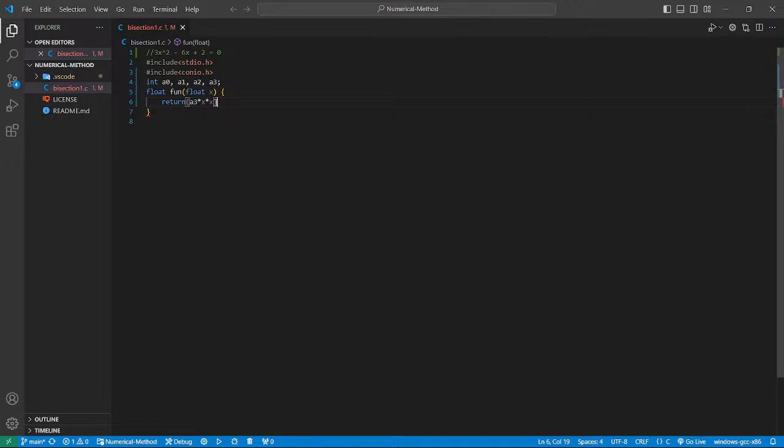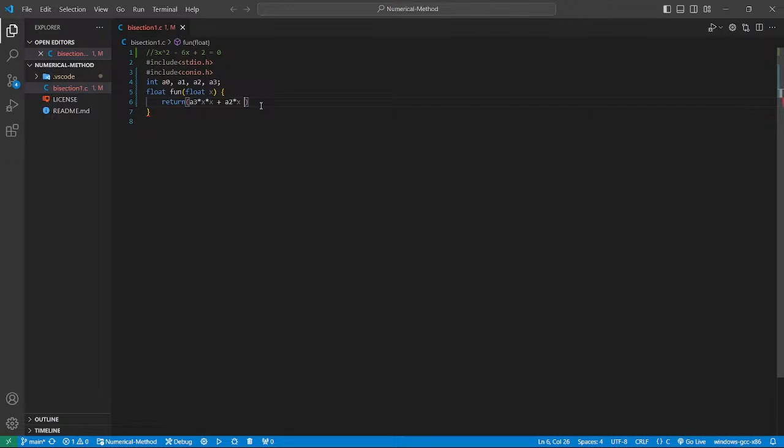So there is a3 x square plus a2 multiply x plus, so basically this is a quadratic equation, ax squared plus bx plus c. Let's not do more fancy.